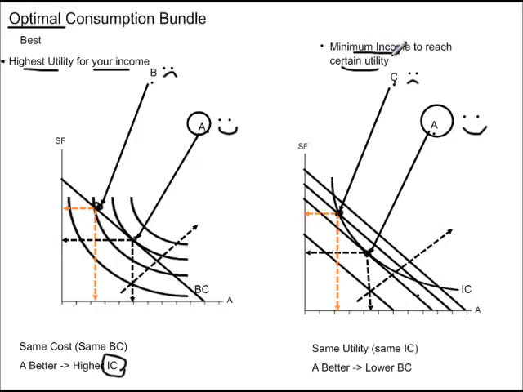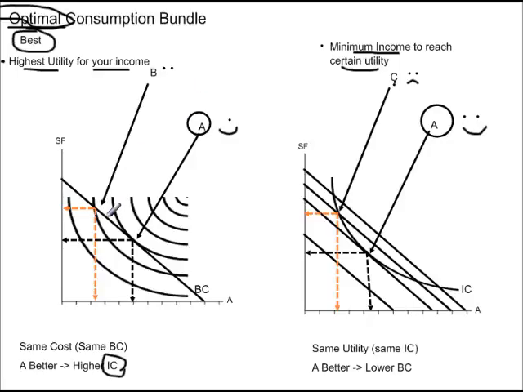What I want to ask, though, more generally is, okay, if I have a given budget constraint, how do I know where the optimal level of consumption is? What I need to do is look at the slope. Notice that at that first non-optimal combination, the slope of the budget constraint is different than the slope of the indifference curves.